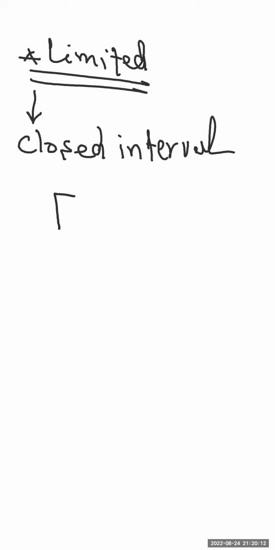Closed interval. Okay, if there are two elements, the start and the end, -1 and 3, now, what are the elements inside this interval? My answer: actually, this interval consists of -1 and 3. Okay, now it's like the set.